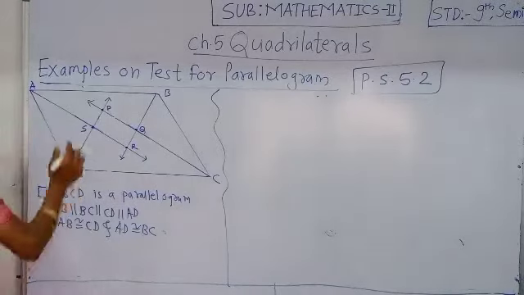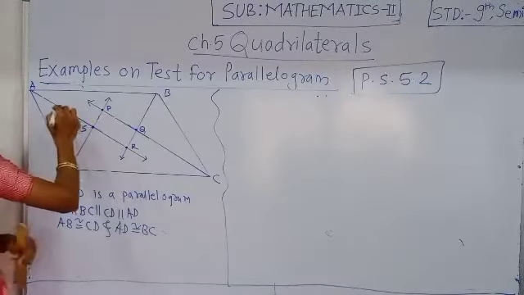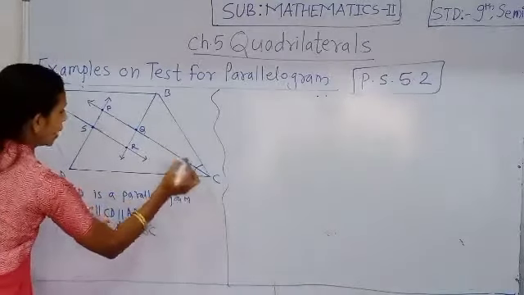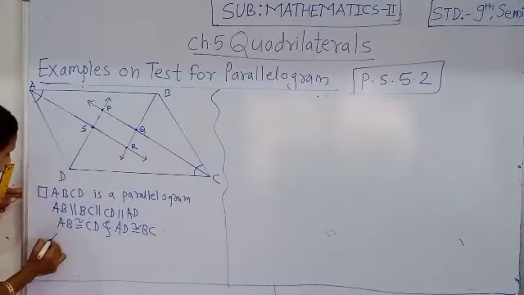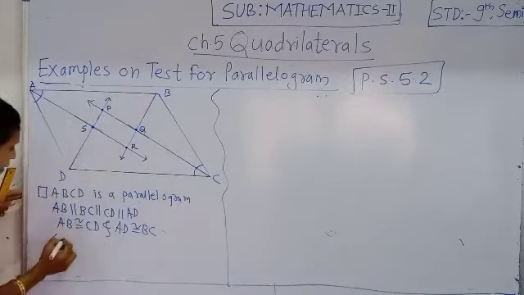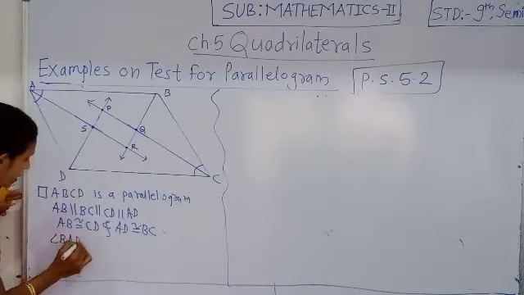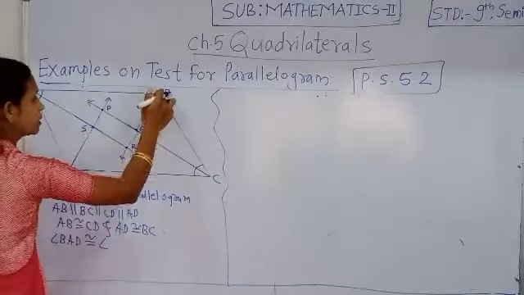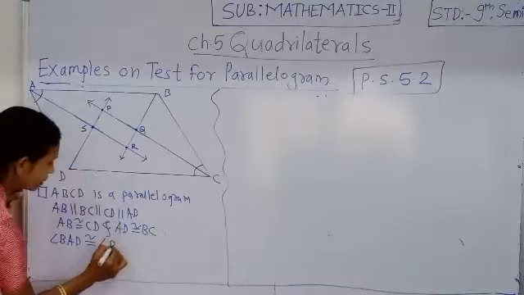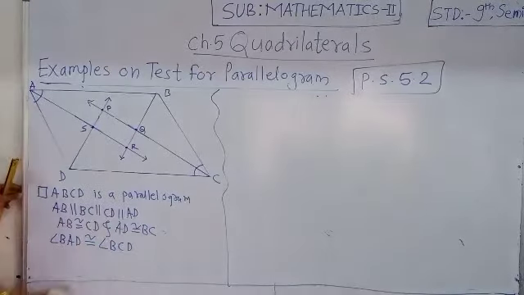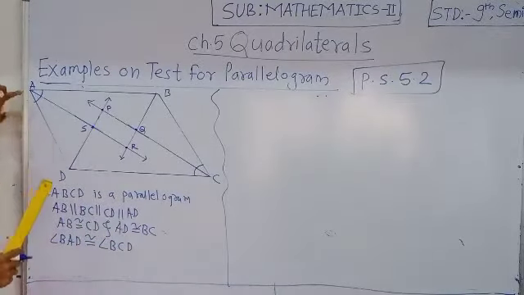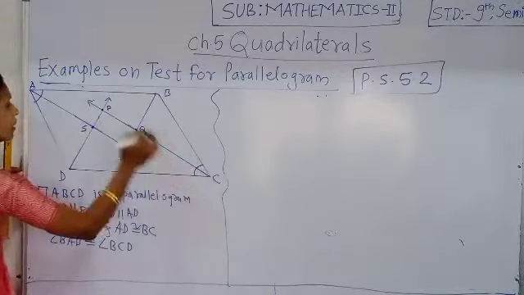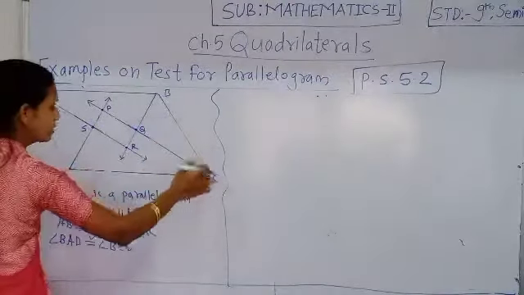One more property related to the parallelogram: opposite angles of a parallelogram are congruent. Therefore angle BAD is congruent to angle BCD, as well as angle ADC is congruent to angle ABC.